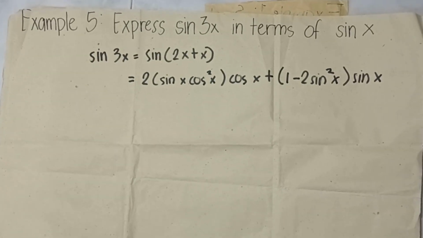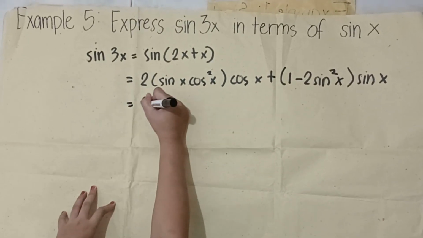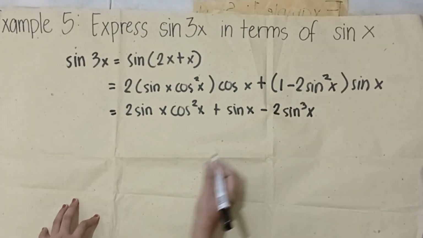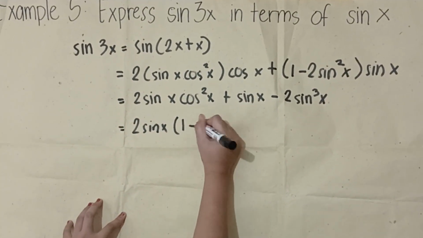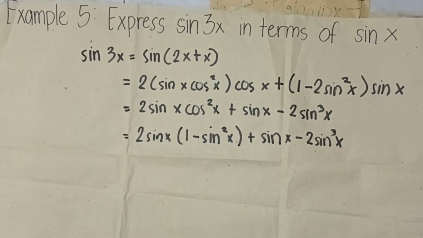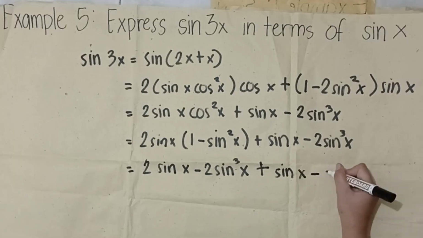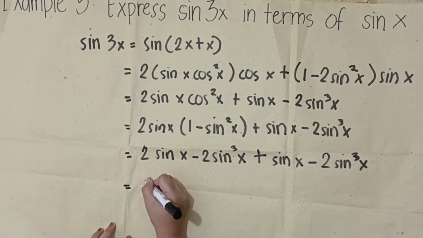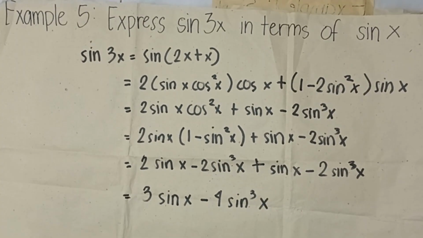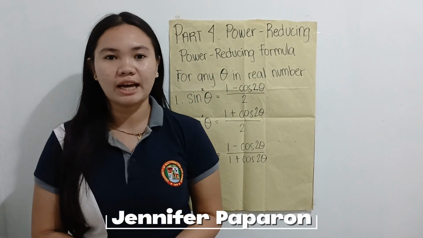And then, after that, we apply the Pythagorean identity. Next we distribute or multiply it. And lastly, we combine the like terms. So, the expression of sine 3x in terms of sine x is equal to 3 sine x minus 4 sine cubed x.